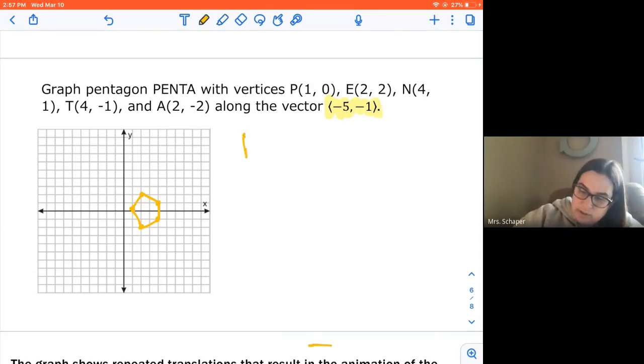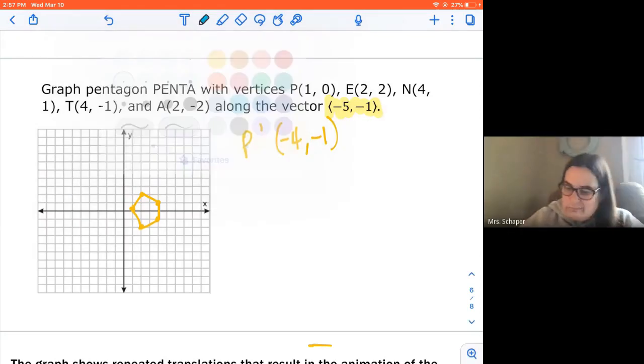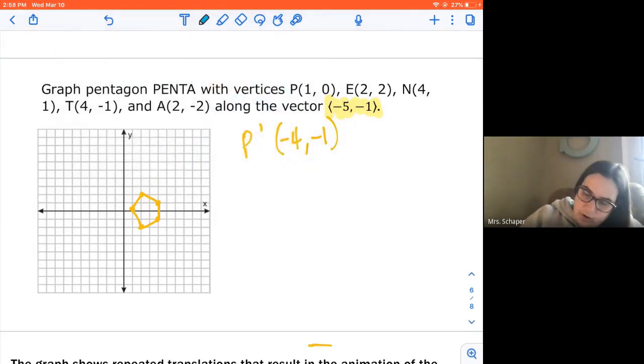So P prime is going to be (-4, -1). So I go -4, 1, 2, 3, 4, -1. Let me switch colors too. I think sometimes it's easier to see that. That's going to be P prime. And then E prime is going to be 2 minus 5 is negative 3, 2 minus 1 is 1.